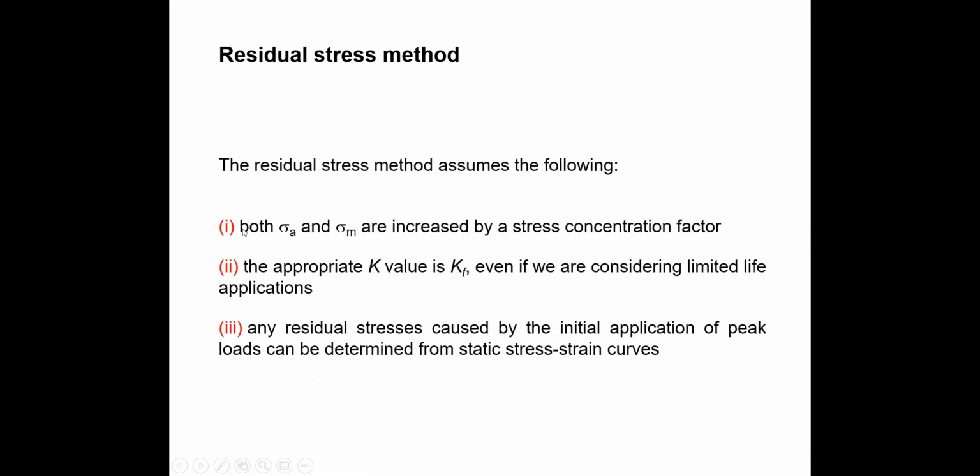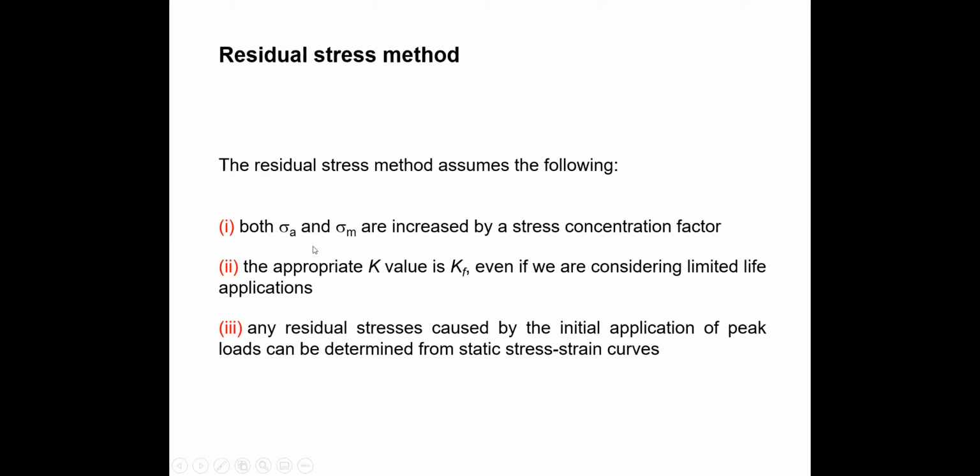This is the technique you need to use stepwise. Both sigma a and sigma m are increased by the stress concentration factor. This is not the only method, but if you follow this method, it is very easy to do the calculation. That's why you don't want to use the KF at the strength when you calculate the strength.